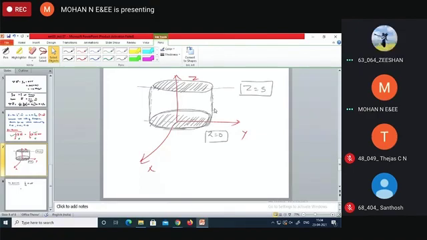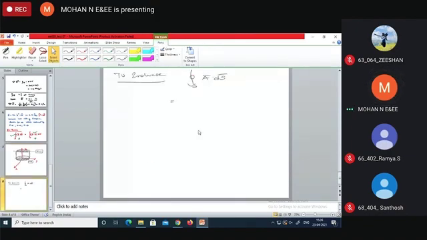Three surfaces, sir? Yes. One is the top surface, one is the bottom surface, and the other one is the side surface. So that is what we have got. Obviously you'll get three integrals, one for the side surface, one for the bottom surface, and one for the top surface.